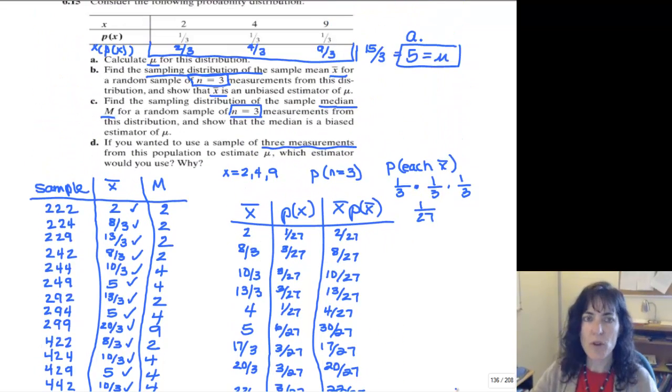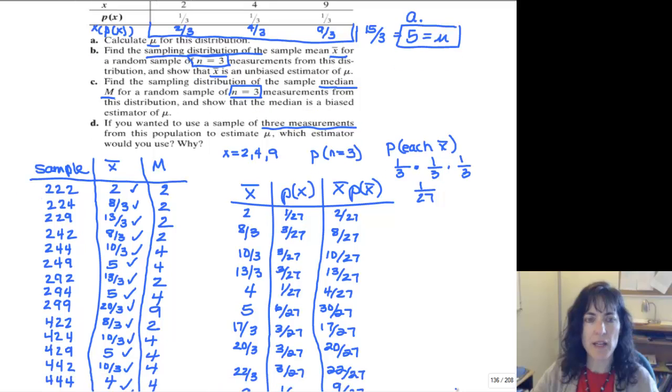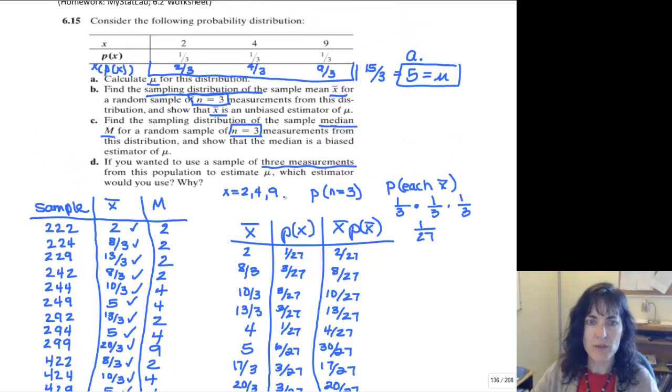Now I just have one more thing that I need to do here. What I did on part B is I showed that X-bar is an unbiased estimator of mu. The way I did that was I listed out all of the sample points, because they told me n equals 3. I found the mean for every sample point, and then I listed out all the possible means and wrote down their probability.